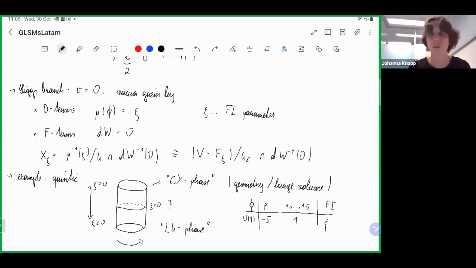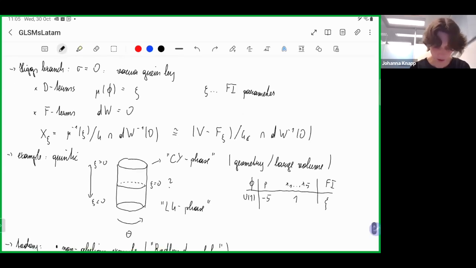And this is something very physical. Take, for instance, QCD or other examples. When you vary the coupling constants, the theory may go into different phases. And when I talk about phases of GLSMs, that's also what I mean. So we have solutions that we can formally write as: take the vector space that our scalar phi fields take value in. Remember, the sigma fields are 0 at this point.